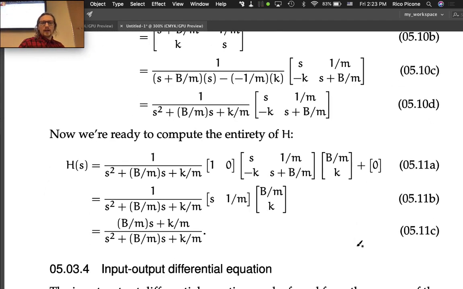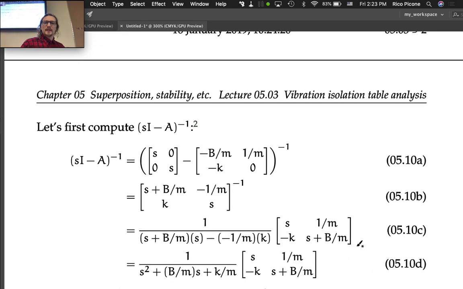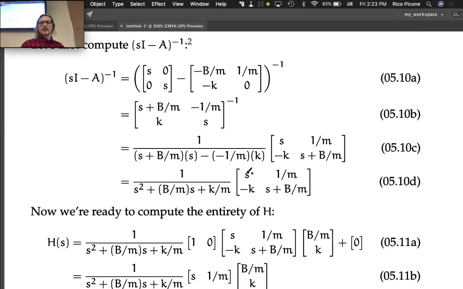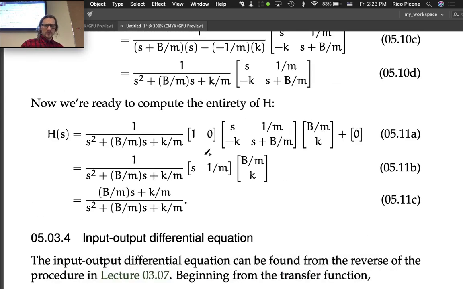And then we plug in this (sI minus A) inverse term that we computed right here in this formula of 5.9, and we compute the entire expression, which gives us 5.11c. Great. And that's a transfer function. It's a polynomial in s in the numerator and a polynomial in s in the denominator, where s is the Laplace transform s. Okay?